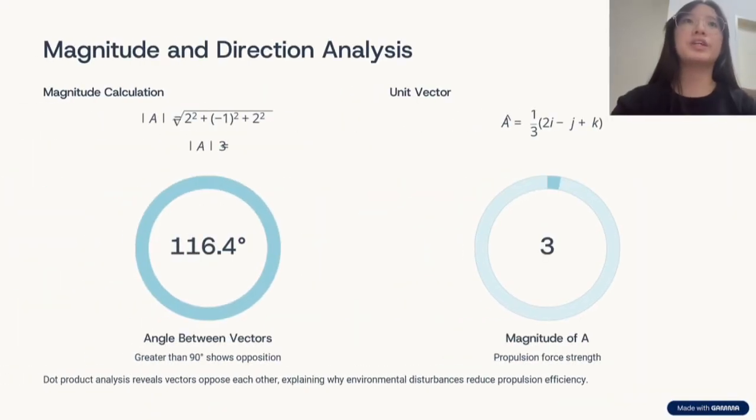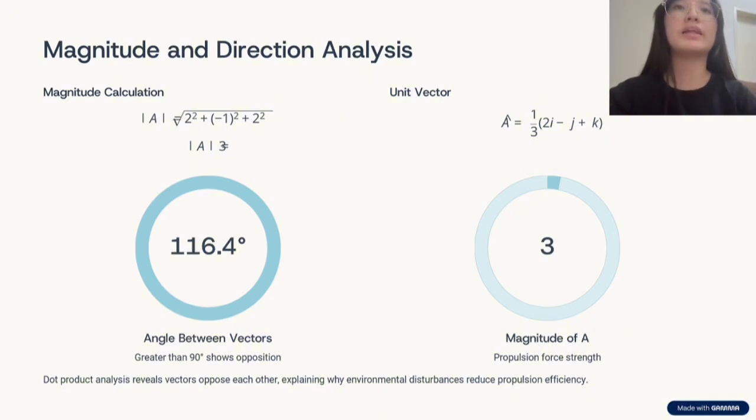Magnitude and direction analysis. Magnitude calculation: modulus of A equals the square root of 2 squared plus negative 1 squared plus 2 squared. The answer is 3. The unit vector of A is 1 over 3 times 2i minus j plus 2k. Angle between vectors: the answer is 116.4 degrees.